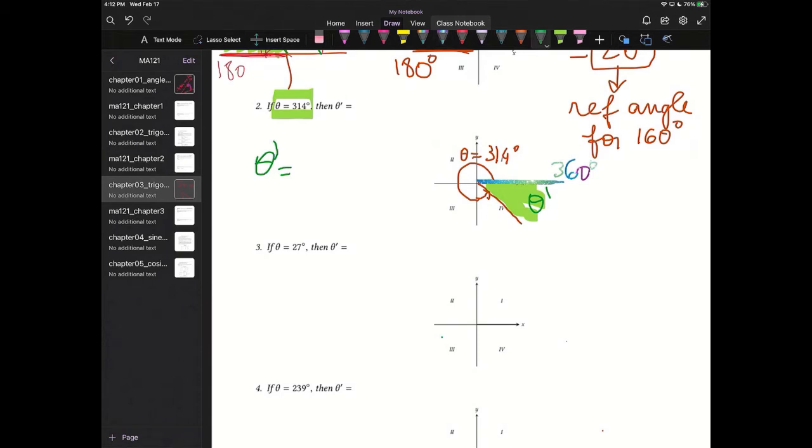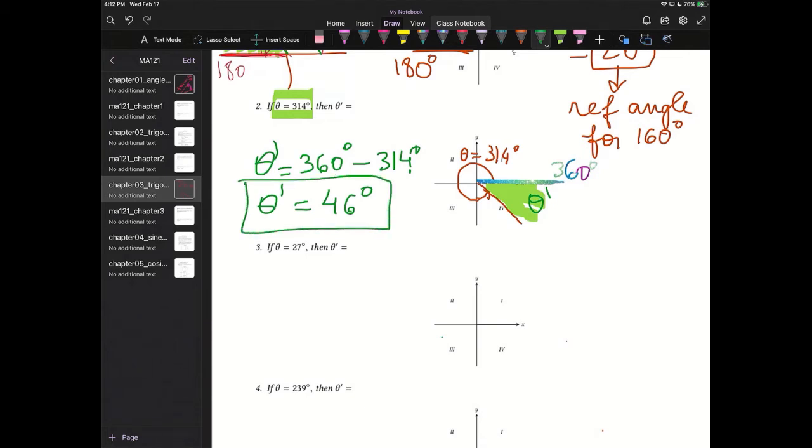The reference angle is 360 minus the original number, which is 314. So the reference angle for number 2 is 46 degrees. And again, I know it's correct because it's positive and between 0 and 90 degrees, as any reference angle should be, okay?